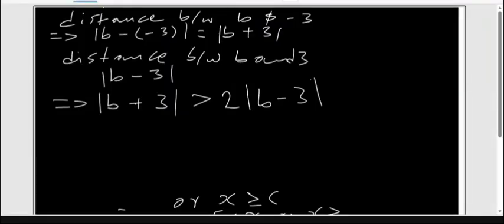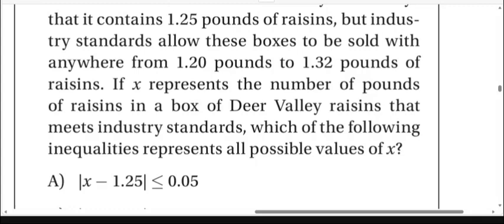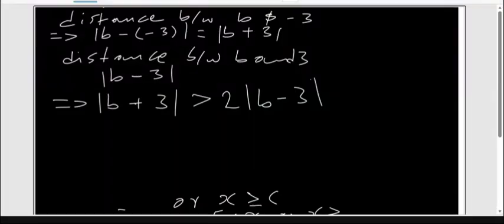What I have is 1.2 and 1.32. So the midpoint between them will be 1.2 plus 1.32 divided by 2. What is it going to give us?